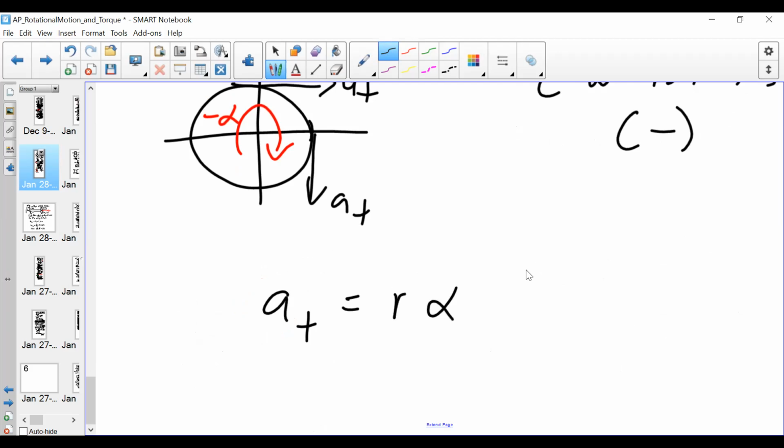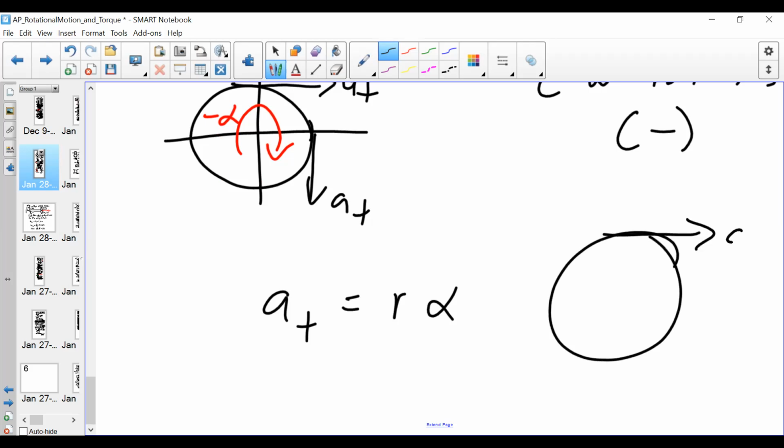Now, even though this fixed body, this sphere, or this wheel is undergoing a rotational motion, if we look at the particle on the outside of the wheel, we can also take a look at that particle undergoing centripetal acceleration as it rotates about the axis. So there's going to be a radial acceleration or a centripetal acceleration, as well as this tangential acceleration. So we have a situation that looks like this.